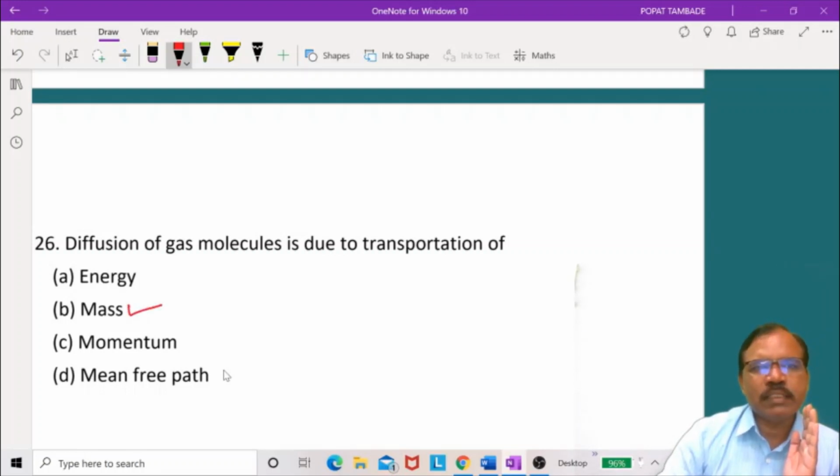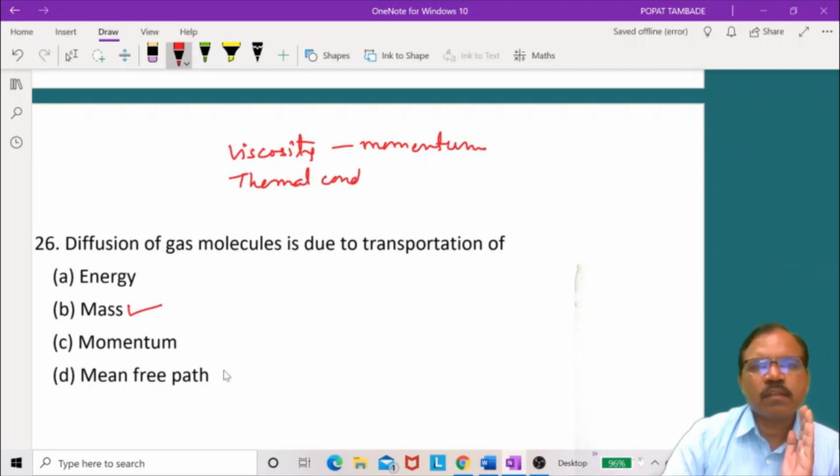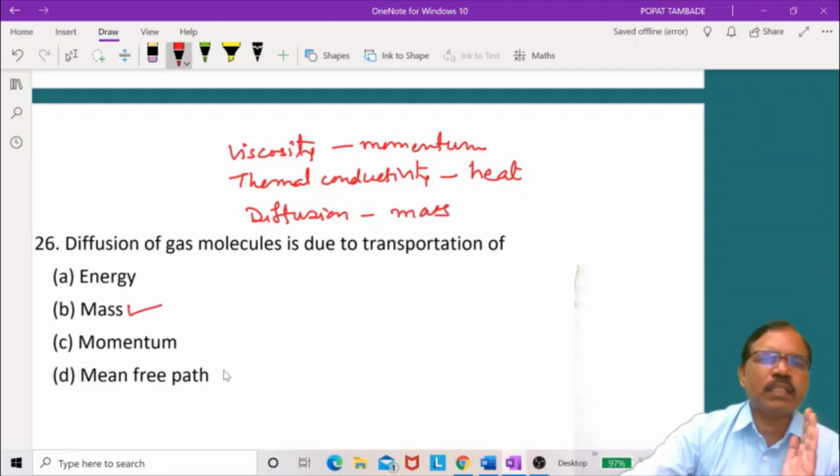So keep in mind, viscosity is due to momentum, thermal conductivity is due to heat or energy, and diffusion is due to transport of mass from one place to another place.